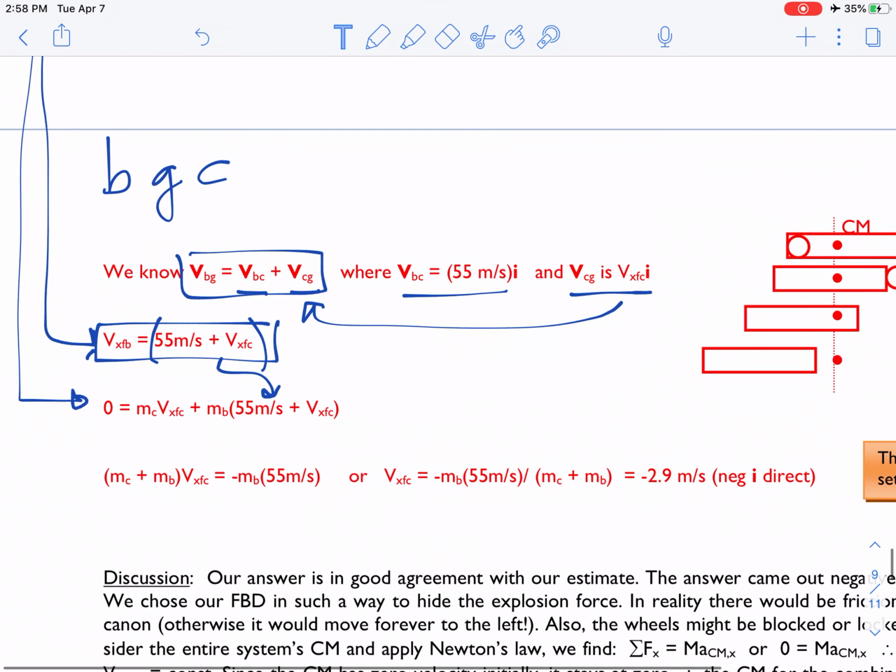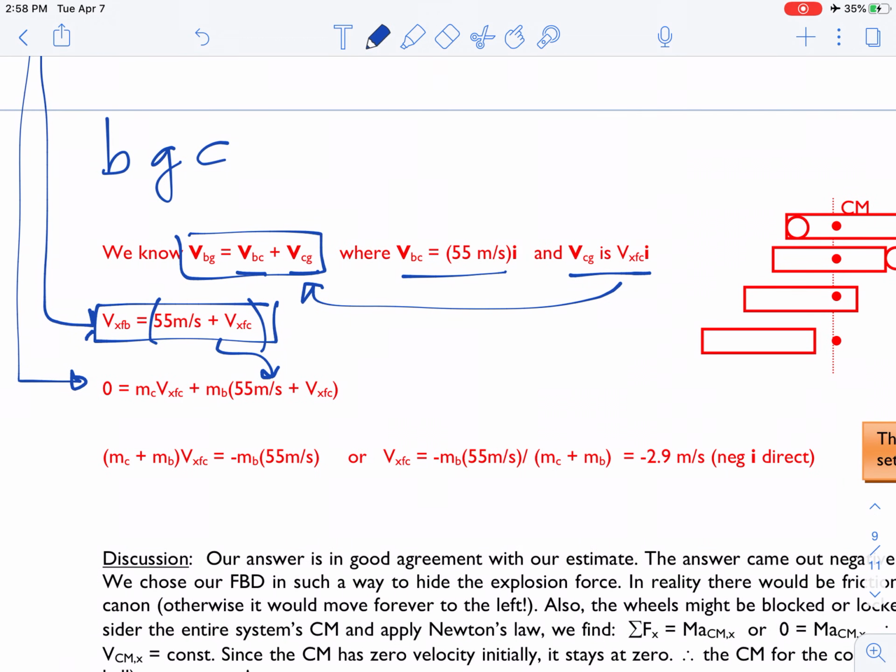We had two unknowns, now we have the same unknown. Using the relative velocity equation, we reduce our unknowns to one because we got another relation between those two unknowns, one from the second law, the other from the relative velocity. This is the equation that we get, and now we can solve for VXFC.